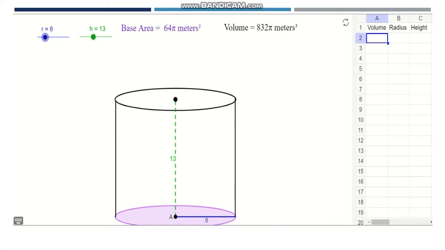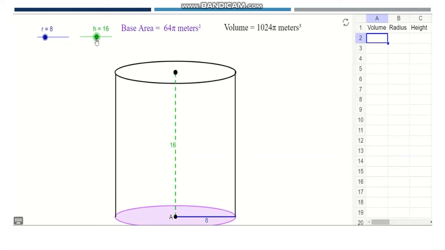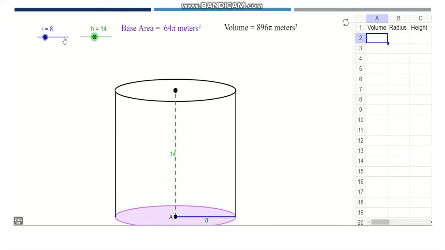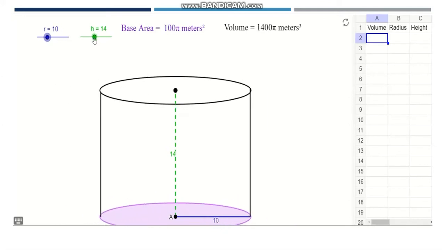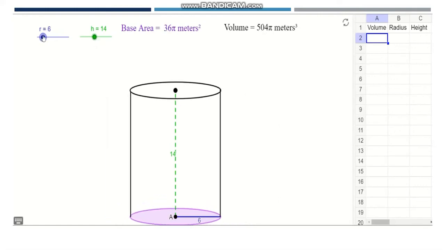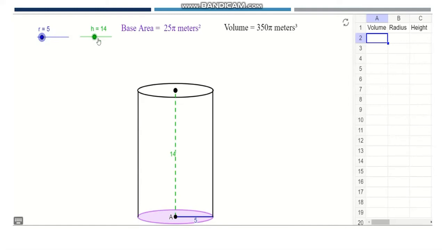Let's look at it. There are two buttons in here, and we can change the radius and height as you see. And we know that our first tank has a radius of 5 meters and a height of 12 meters. Let's change it to a 5 meter radius and a height of 12 meters.